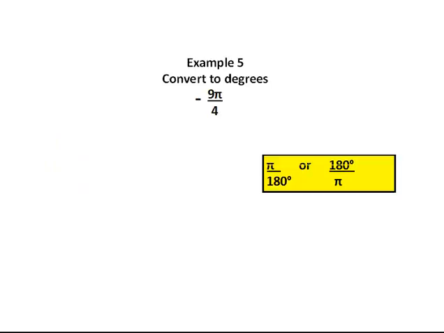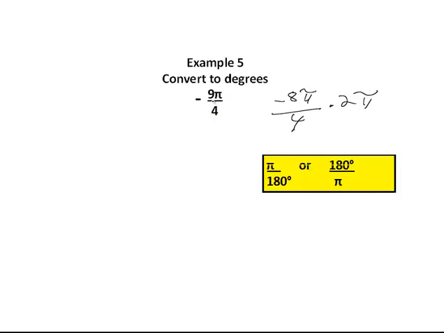Example number 5. You've got that negative in front. Doesn't make any difference. All the rules are still the same. All this is saying is if you were going to place this on the unit circle, you would be going clockwise versus counterclockwise. One other thing to keep in mind, if I had negative 8 pi over 4, 4 into 8 is 2, you know you have one complete revolution clockwise.